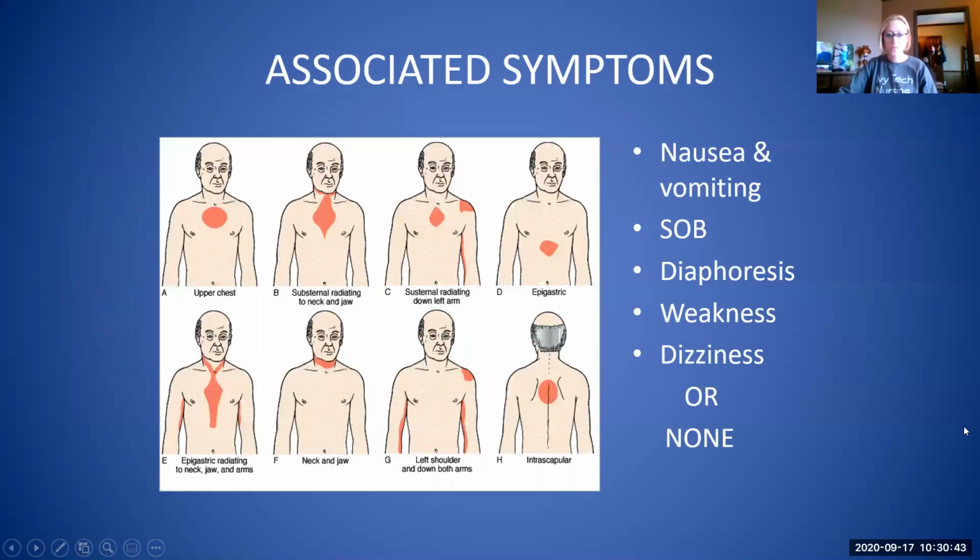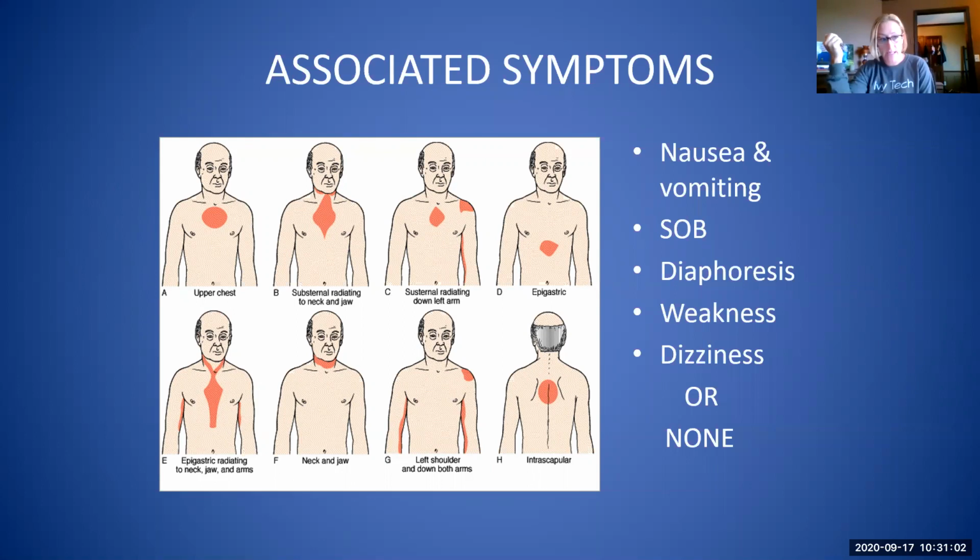Associated symptoms then are typical chest pain, you know, substernal chest pain radiating to the left shoulder, the left jaw. Those areas can radiate to the back, you know, subscapular. But there are certain patient populations that don't have those typical associated symptoms, or at least not the typical pain.